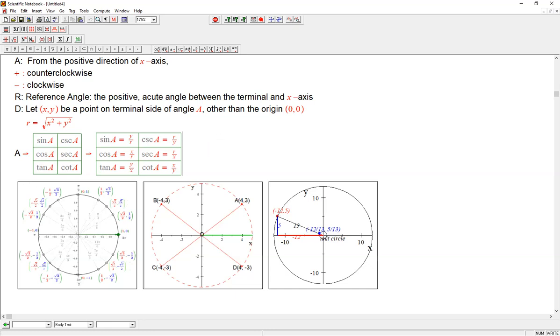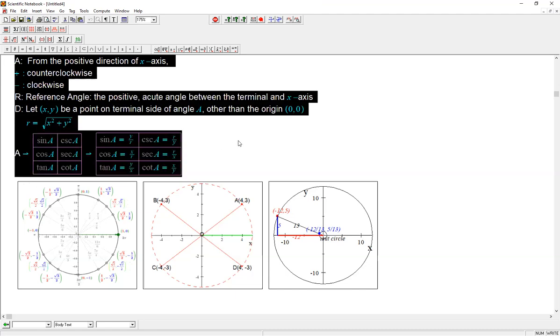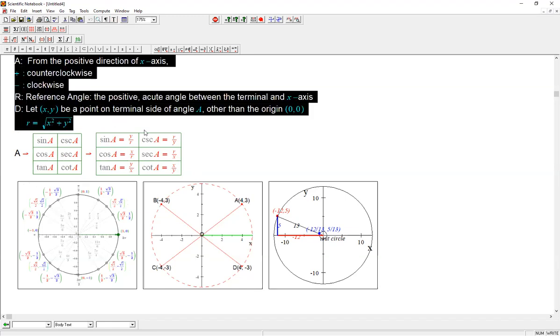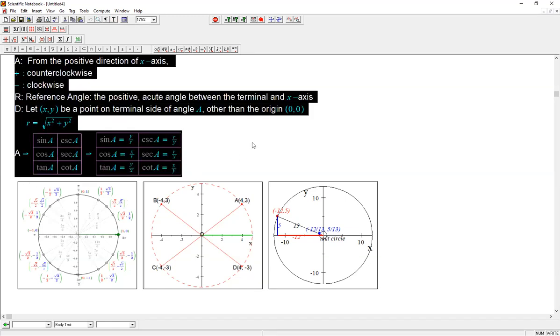They are all united under the same concept, the same definition. ARD is the center of the entire discussion on trigonometry.